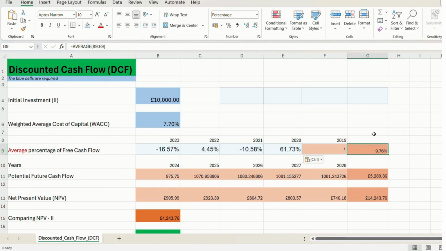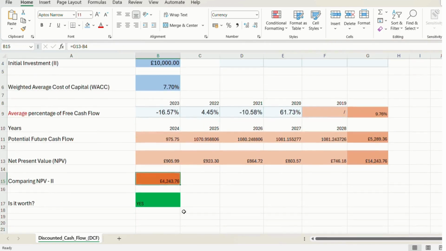As you can see, this calculator has already calculated the average and the potential future cash flows, all based on WACC, the net present value, and it has already compared the initial investment with the net present value of these potential future cash flows. From this comparison we get a good number, almost 4,300,000.